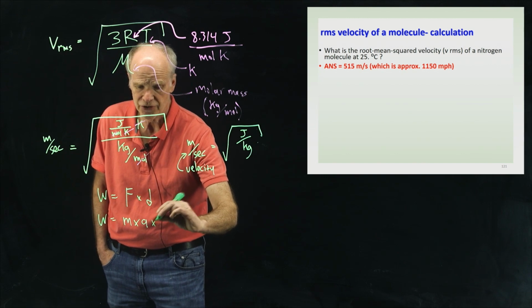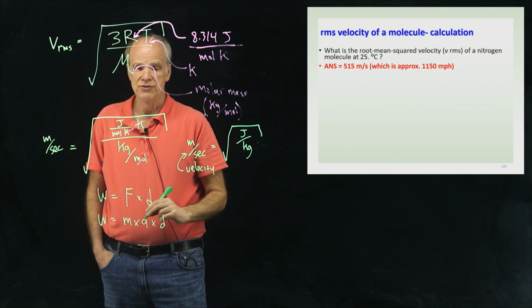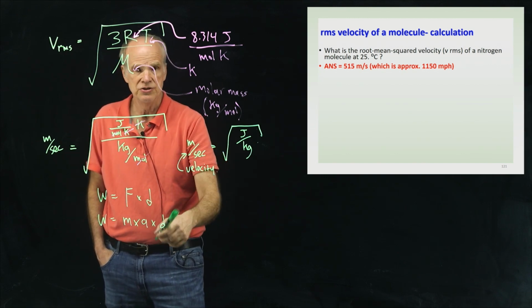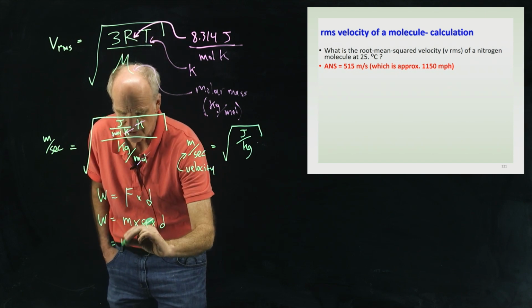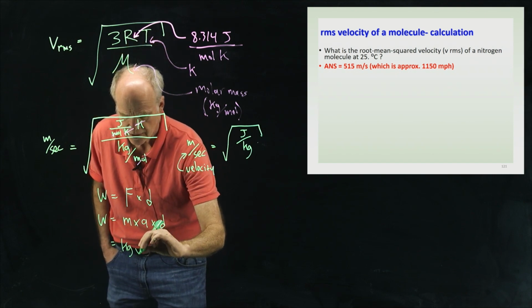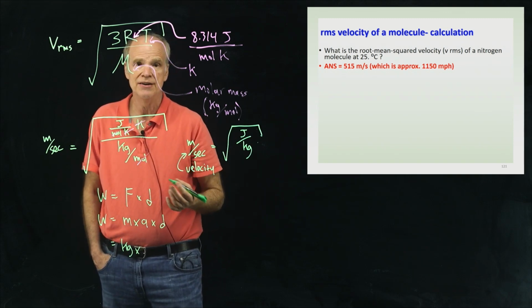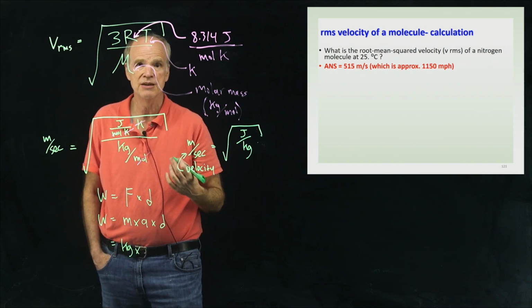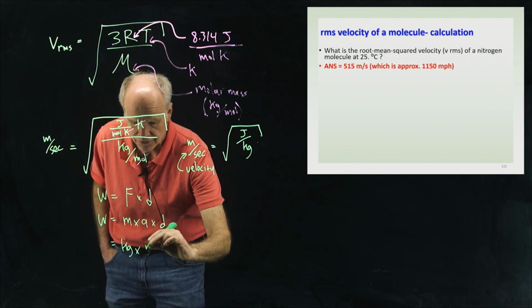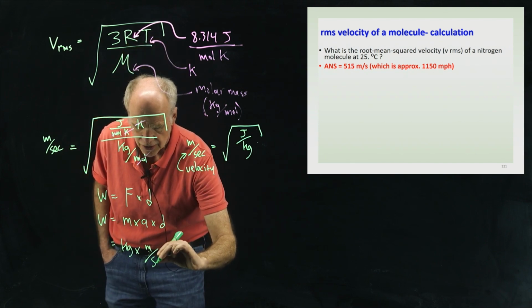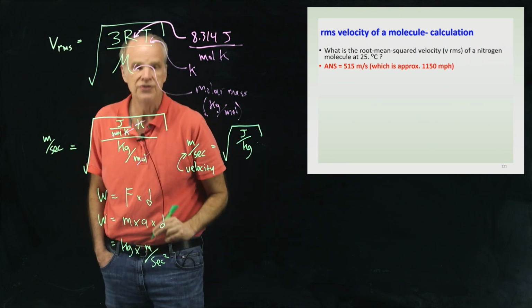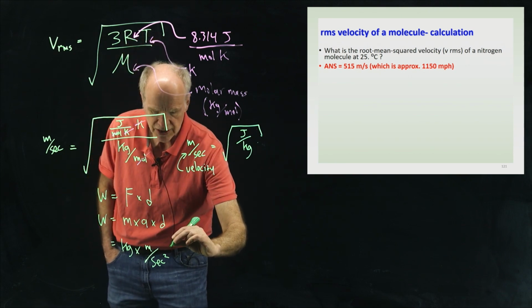So let's look at the units here. Mass is going to be in kilograms. Acceleration, the SI units for that are meters per second squared. You'll learn about that in physics. And then distance will be meters.